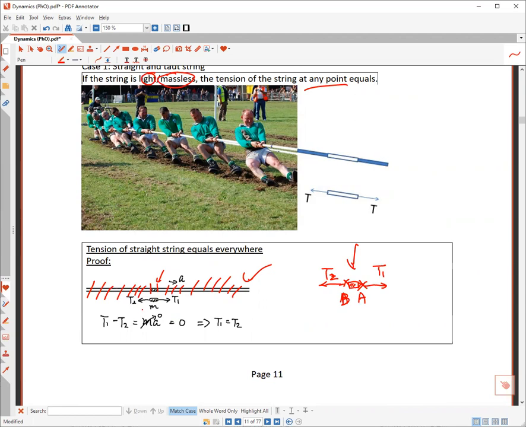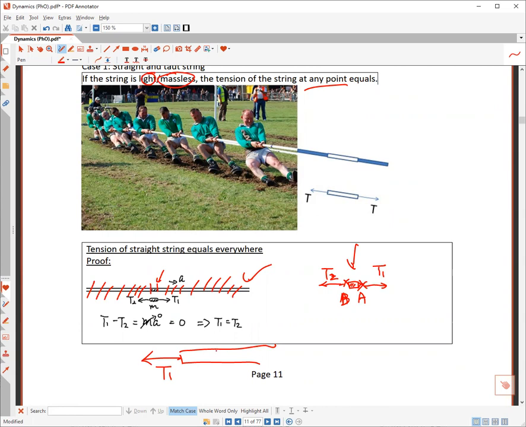Do you still remember? I told you to use Newton's second law, where we need the net force equals ma. We only consider the forces acting on the object. If you consider the string on the right hand side, there is also a tension exerted on the right hand side string by the small part. But this is the tension acting on the right hand side, not on that small part.